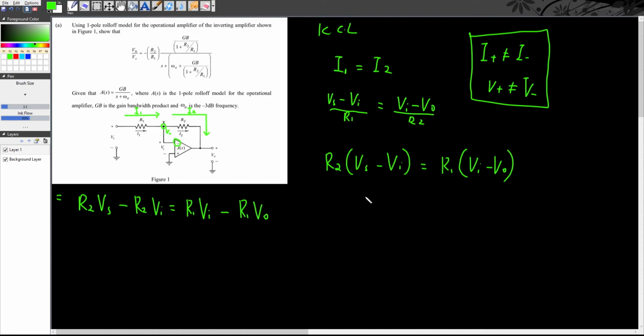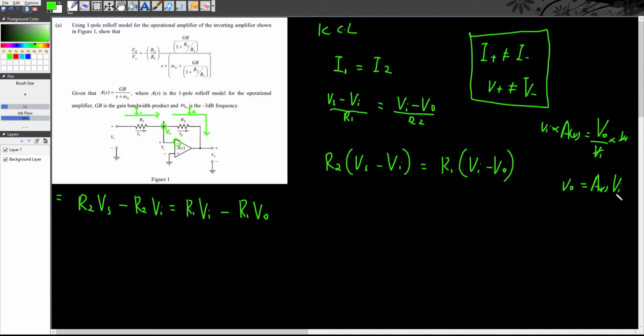So we know that gain, or AV, can also be written as output voltage over input voltage. If you multiply both sides by Vi, or input voltage, we get output voltage equals gain times input voltage.